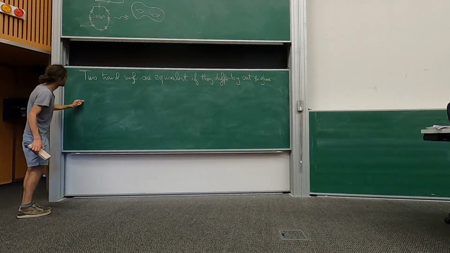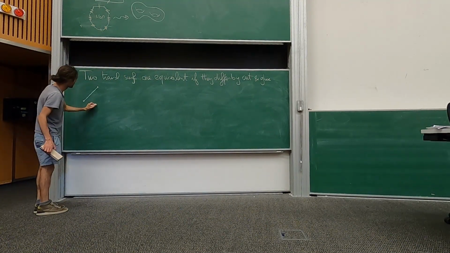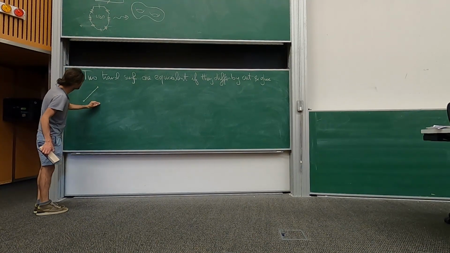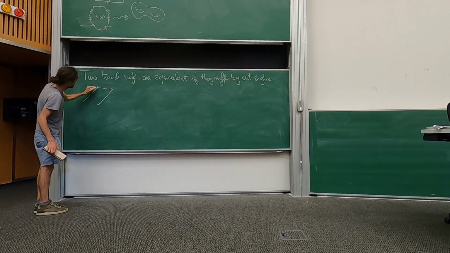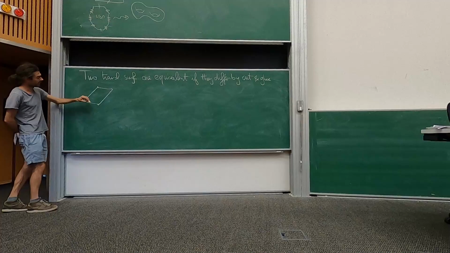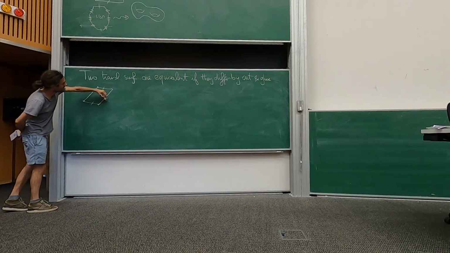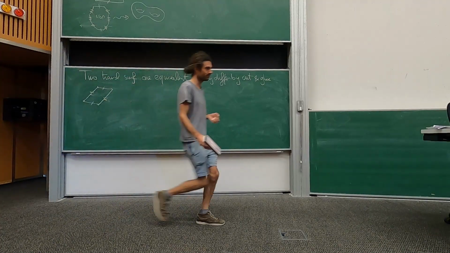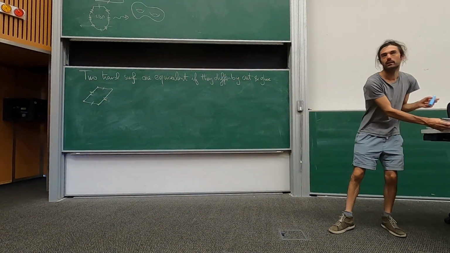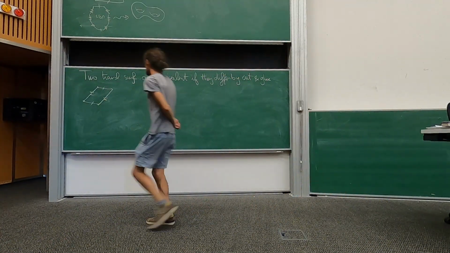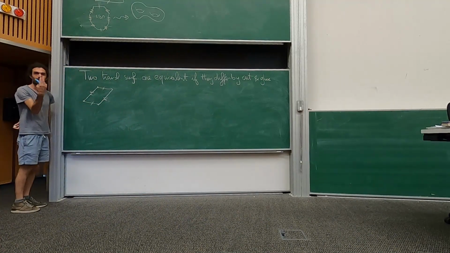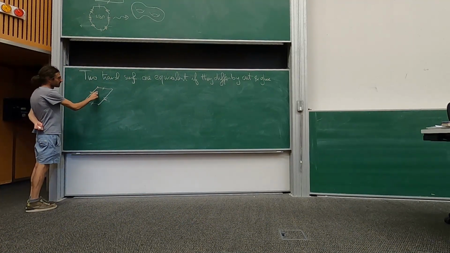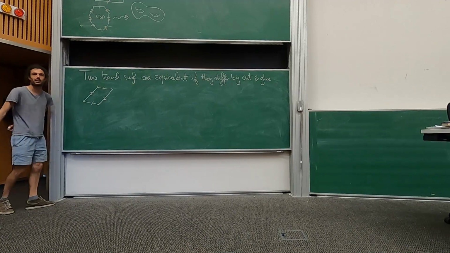Say I start with this polygon, where I identify this side with this side and this side with this side. It's a translation surface. What I can do is take my scissors and cut along this line.